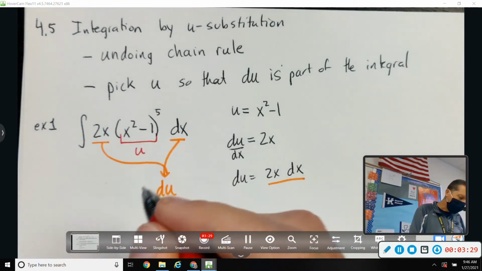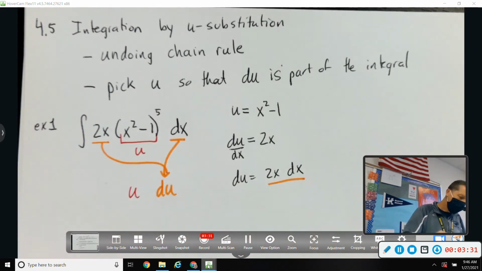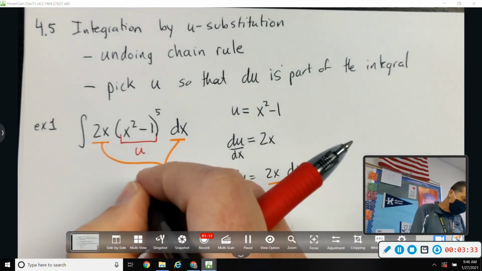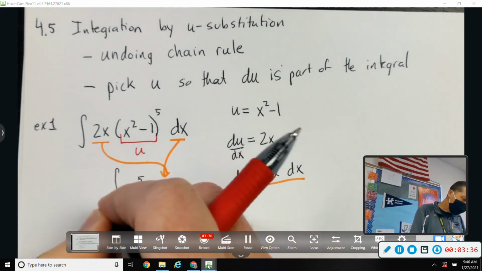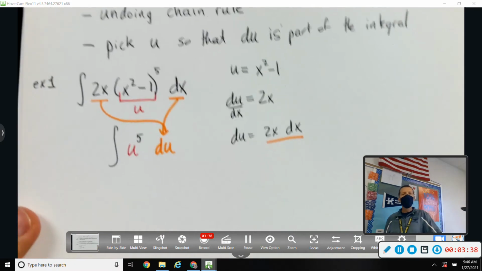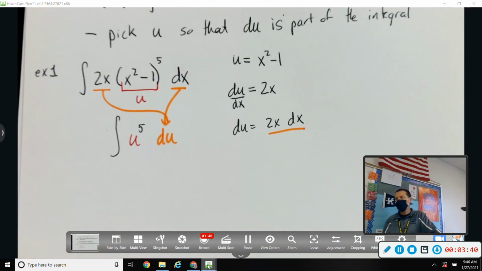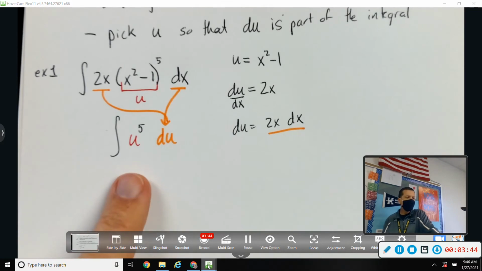And u was x squared minus 1, so I'll replace x squared minus 1 with u. And magically, because I picked a good value of u, I have a pretty easy antiderivative to do now.